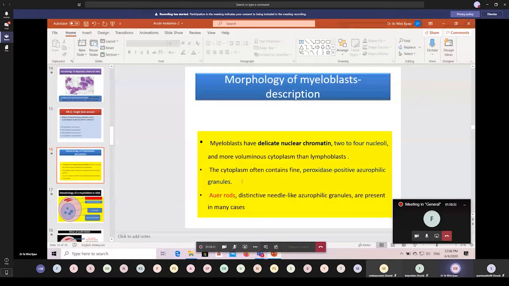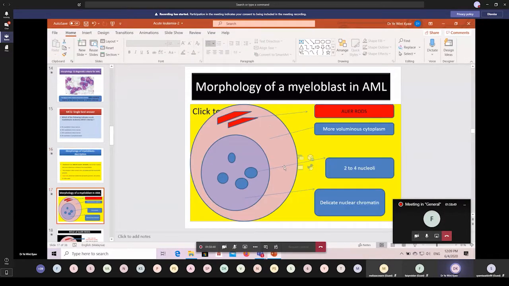So morphology: the myeloid precursor, in comparison with lymphoblast, has delicate nuclear chromatin and nucleoli, previously ALL 1, 2, 3, here 2 to 4. More voluminous cytoplasm than lymphoblast. Lymphoblasts are small with scant cytoplasm, few cytoplasm only. Auer rods are characteristic of AML.